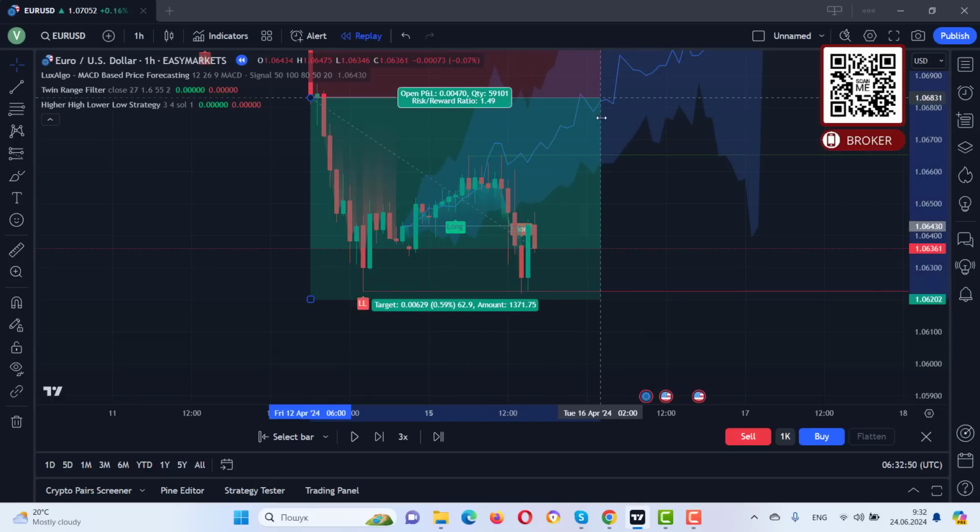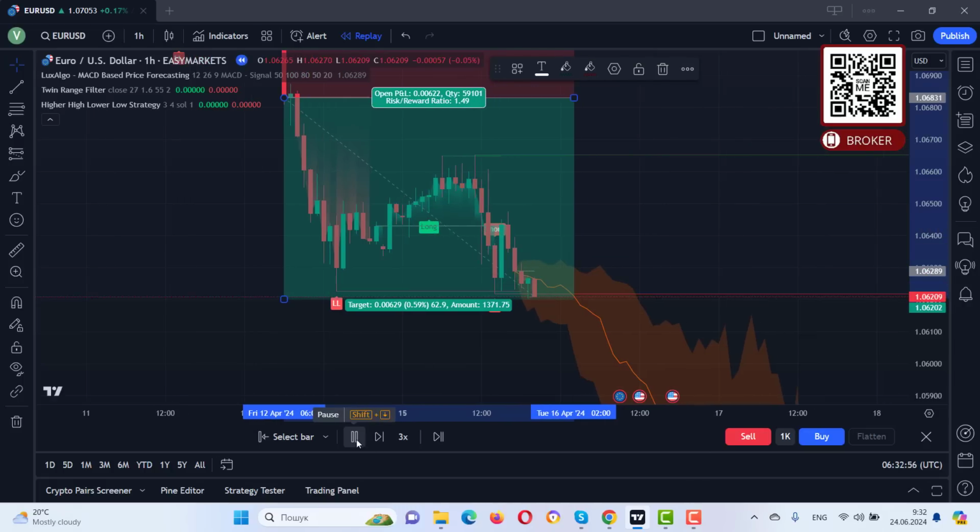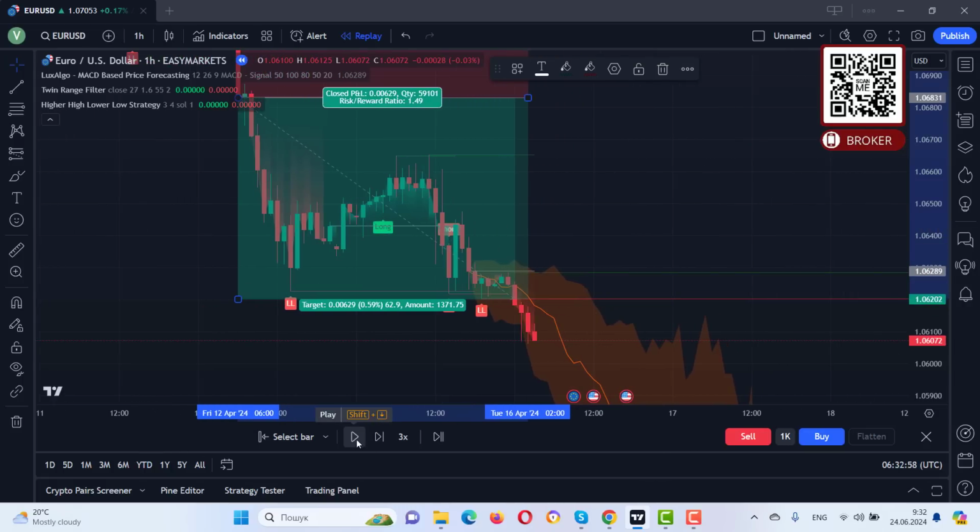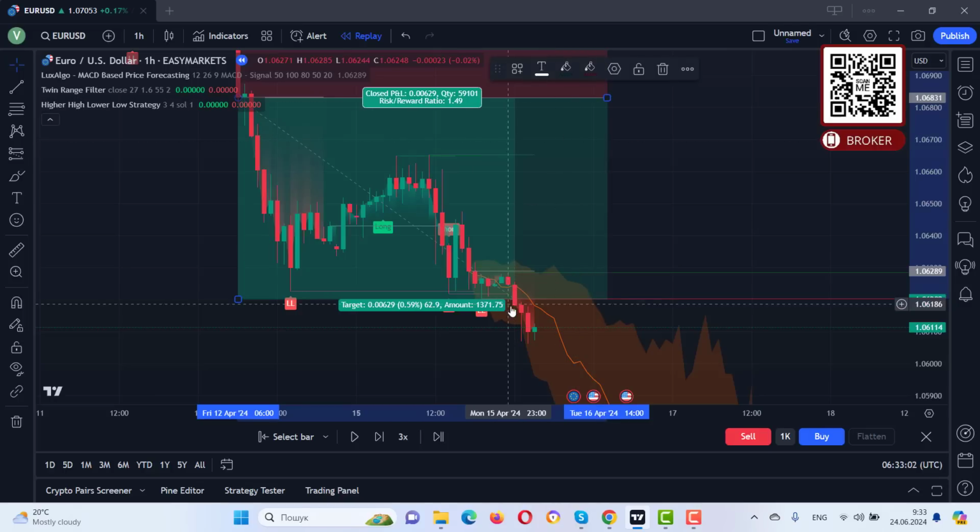Bring the line here. Almost. See this. We closed the trade at the take profit point.